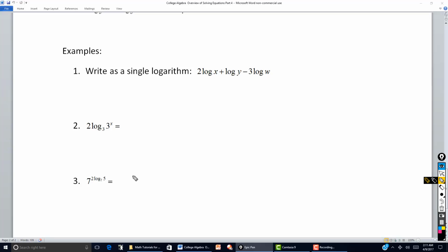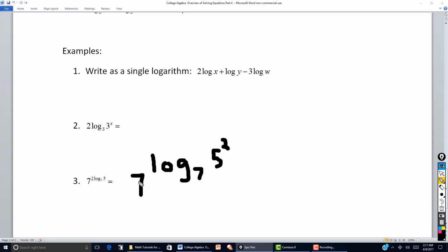So what I have to do then is, again using the properties of logs, take this 2 and put it as an exponent. So this will become the log base 7 of 5 to the second. Okay, but 5 to the second is 25.